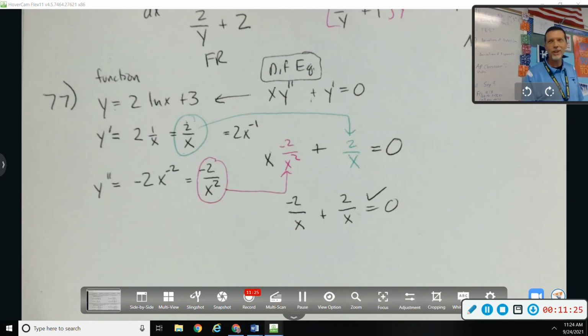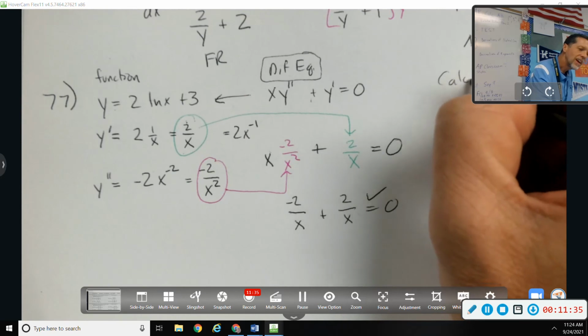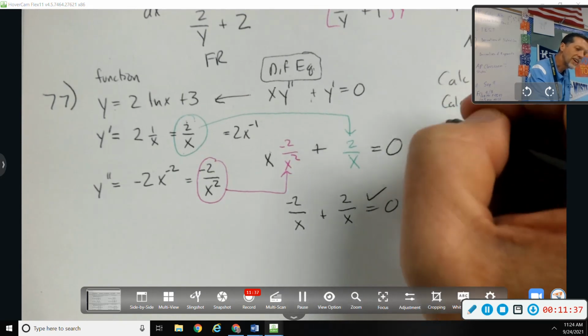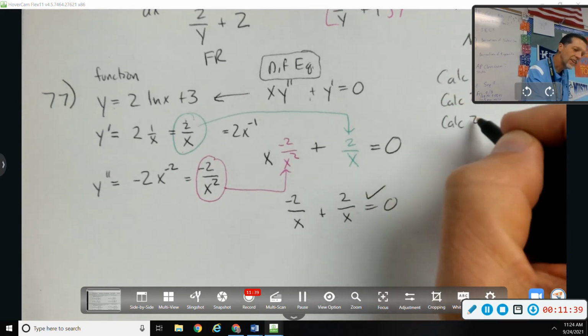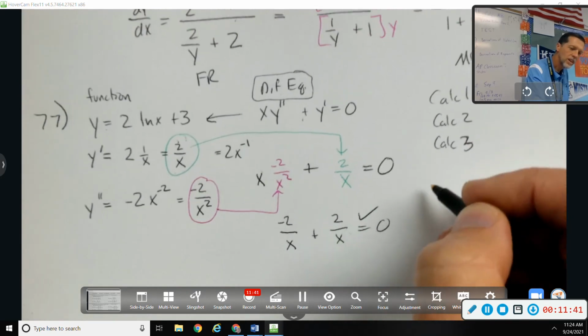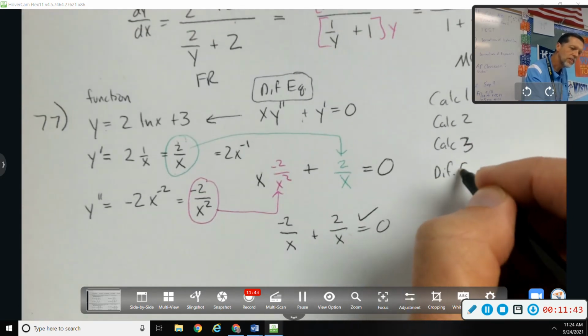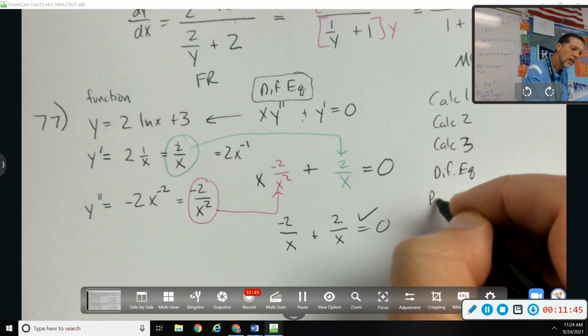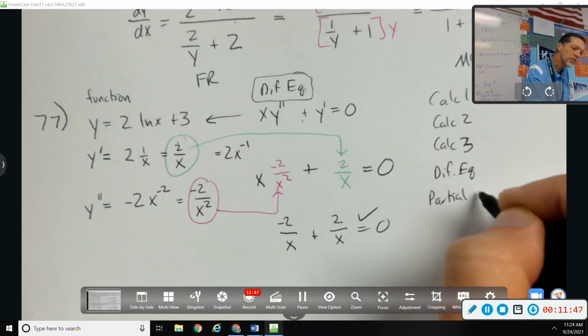Obviously, we're a long ways away from there, but some of you will get there. Your constant could be anything at that point. And then after that, Calc 3, then differential equations, and then partial differential equations.